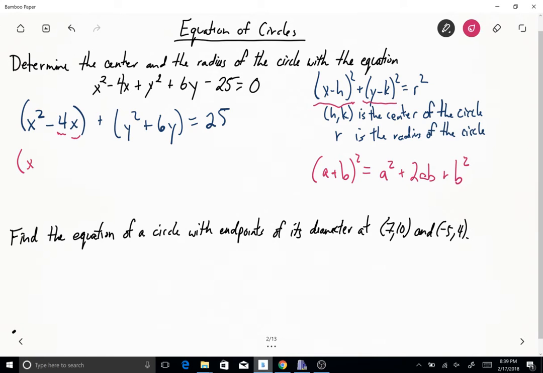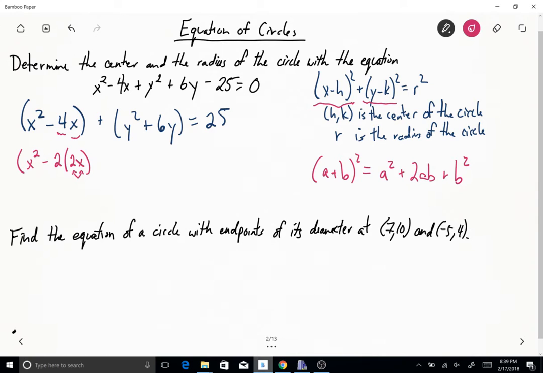We can write this as x squared minus 2 times 2x, so our a value is x and our b value has to be 2.